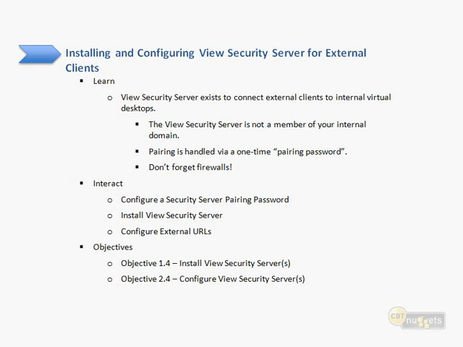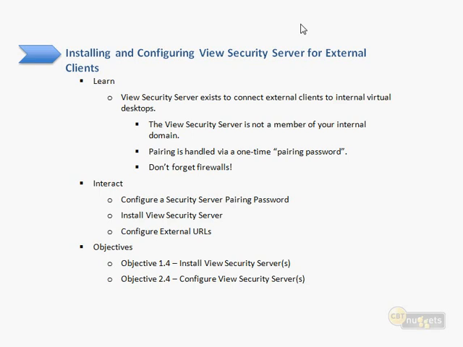The whole gist of this instance of a View Connection Server is that somewhere out in your DMZ, you want the ability to have a machine that can sit there and serve as, I will use the term proxy, although again, I'm using it from a soft perspective, to proxy that communication between the external clients and your internal virtual desktops.